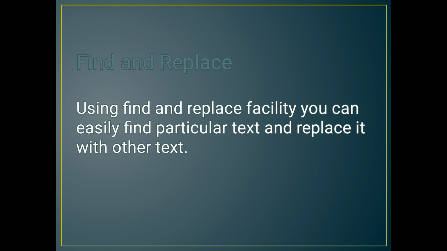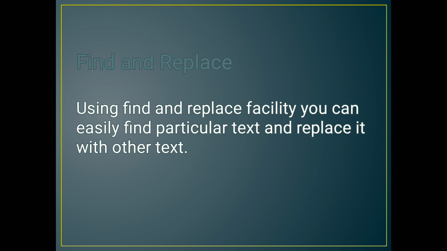Type India in the find what box and Hindustan in the replace box. Select the match whole word only option so that WordPad will find the word India only and will not find those words where India is a part of its spelling, for example Indian. Now click on the replace all button. So you will observe that all the India words are replaced by Hindustan.